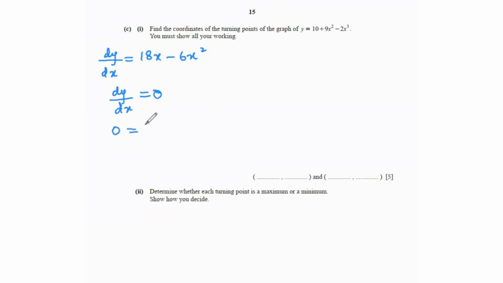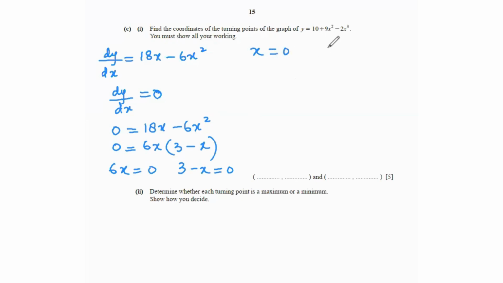So 0 equals 18x minus 6x squared. We can clearly see that we have 6x common, so we have 3 minus x in the bracket. So 6x equals 0, and 3 minus x equals 0. One value of x is 0 and the other is 3.